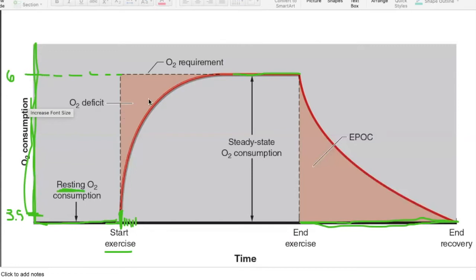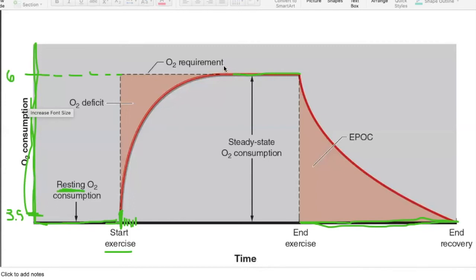I just haven't been able to catch up to the oxygen demand because my breathing rate is still pretty shallow. Eventually, I'm going to start to breathe faster and faster and faster and be able to pull more oxygen into my body because of it. And I'll reach the amount of oxygen that I need to do that particular bout of exercise.